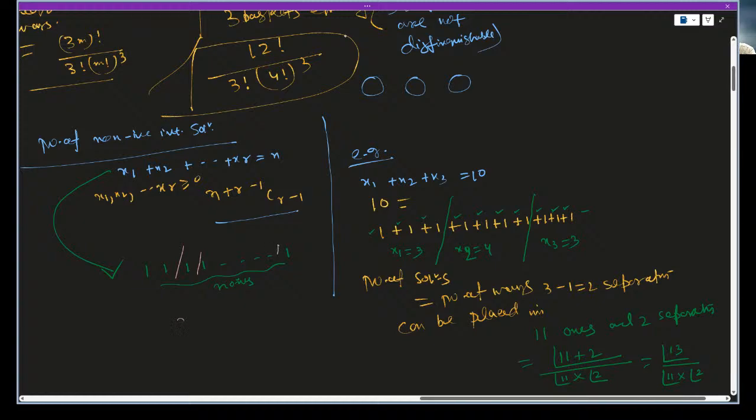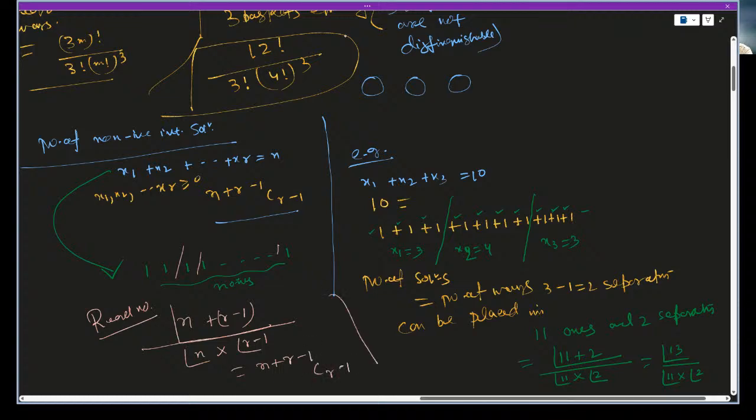So the required number equals arrangement of n ones and r minus 1 separators. As repetition occurs, that will be divided by factorial n, factorial r minus 1. That is n plus r minus 1 C r minus 1. This is the formula now.